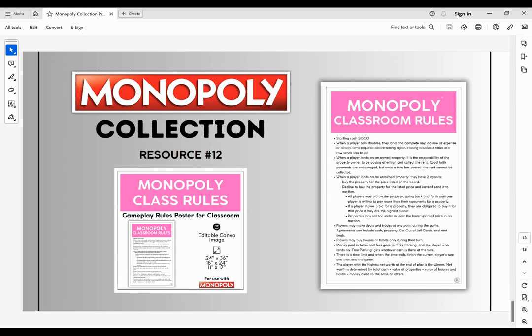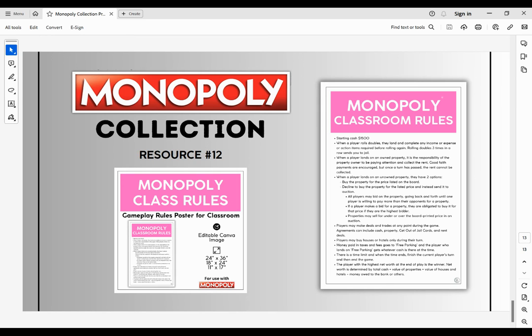All right, final thing I have is my set of class rules. So if you're going to play Monopoly in your classroom, you probably don't want to play the full traditional rules because those games take hours and you're playing until someone has a complete Monopoly and bankrupts all the other players. In a classroom, that would be a lot of people sitting around, either waiting for other players to go bankrupt or just a long period of time to be on the game.